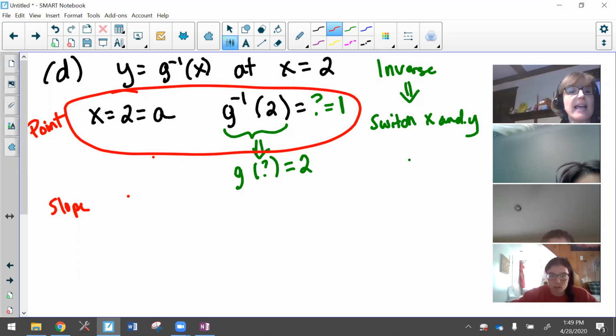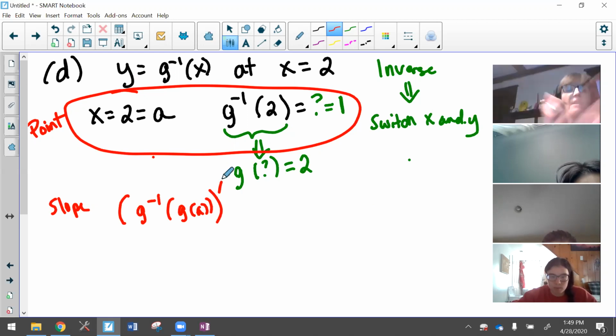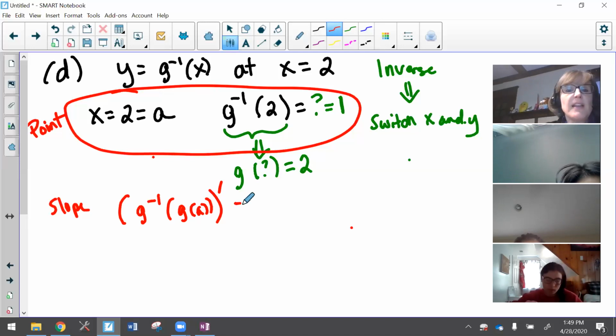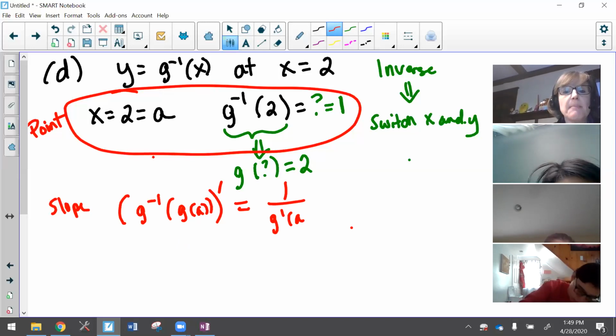And it says that if I take the derivative of the inverse of g at A, that is equal to 1 over g prime of A.